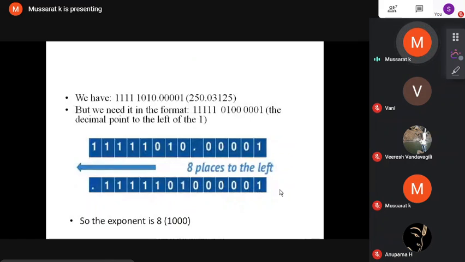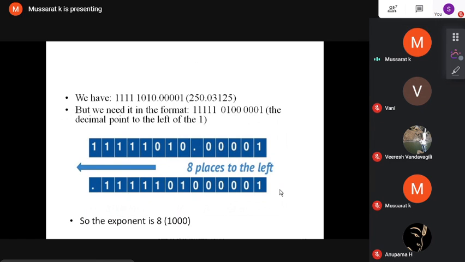Then we have the value for 250.03125, but here we have a point, and we have to shift it because we don't require any point in between.